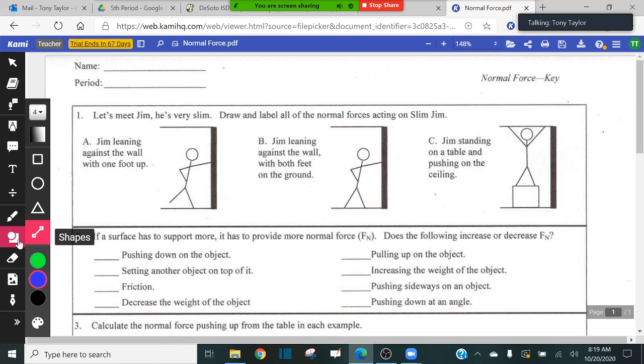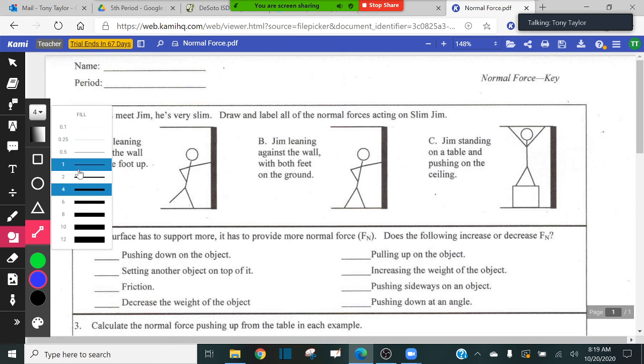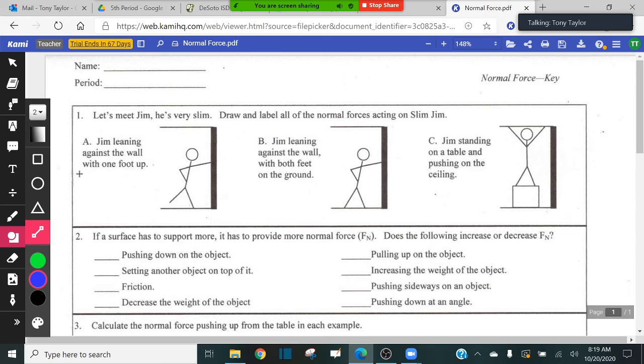Clearly, there's a normal force here acting on Jim. And guys, be sure your arrow is pointed in the correct direction.